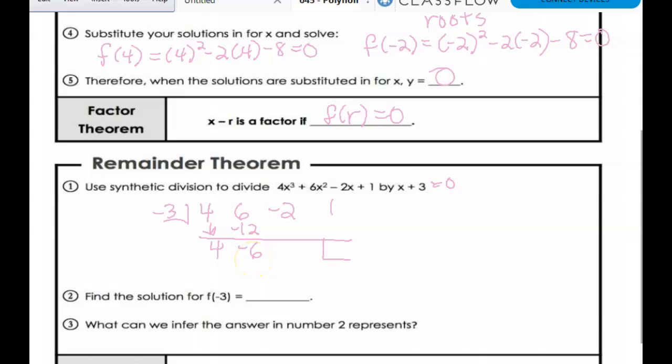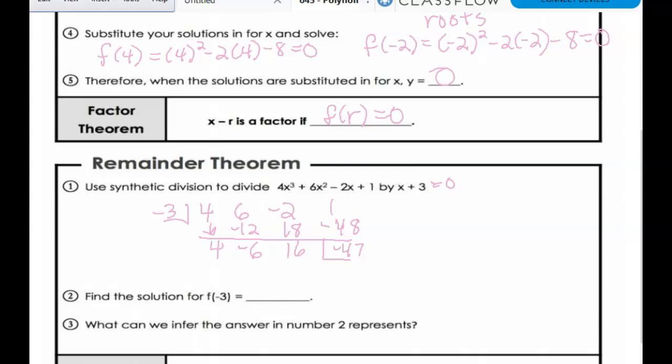Now what? Multiply. So -3 times -6 gives me 18. -2 plus 18 gives me 16. -3 times 16 gives me -48. And that leaves me -47 here.